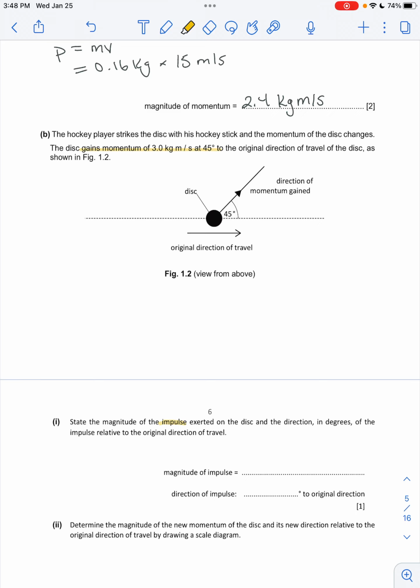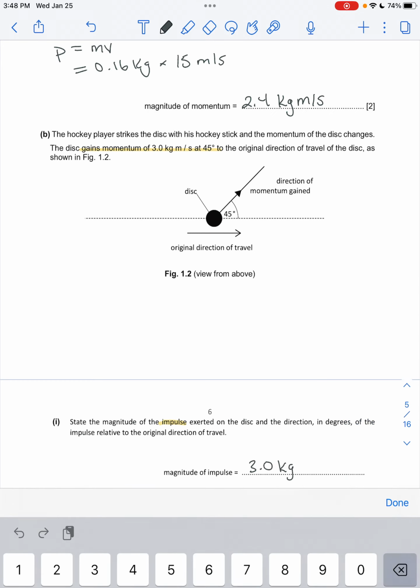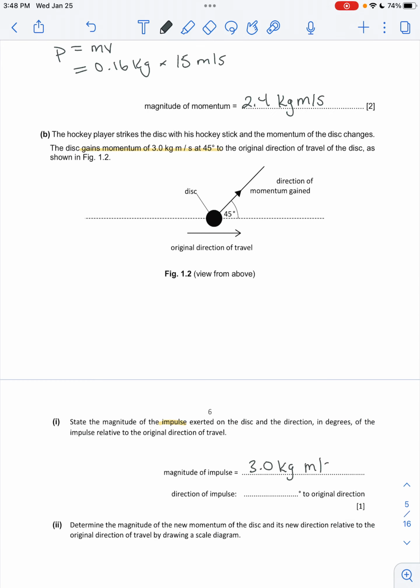So that is the impulse. So I just write it in here, no calculation needed, but rather understanding of the situation. And the direction, well, it was given 45 degrees from the original.